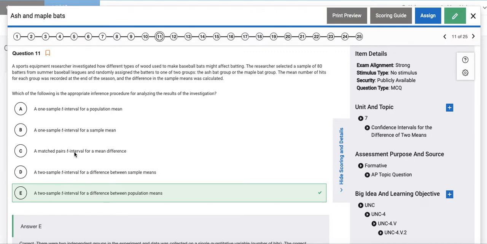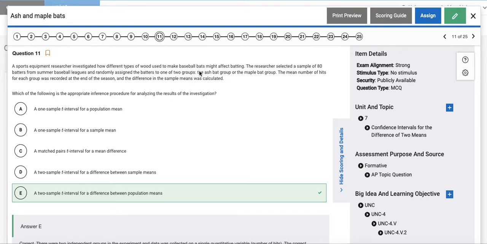C we'll talk about after spring break, and D is trying to trick you. We're trying to compare the difference in population means, not sample means. So option B is not correct automatically either, okay?